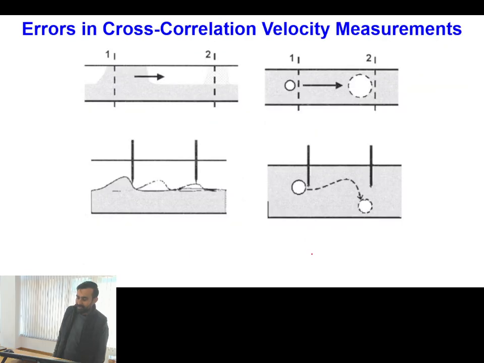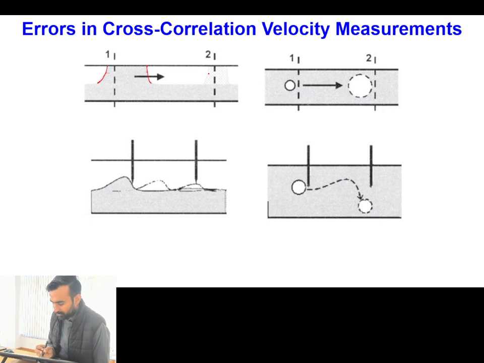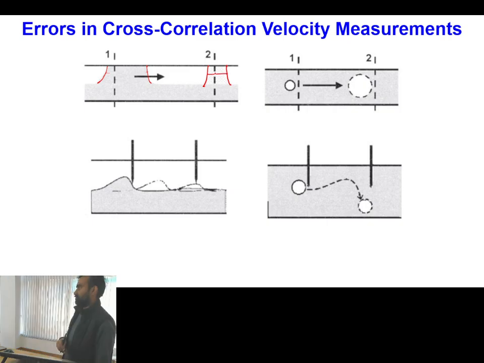What are the errors associated with this type of measurement? First error: say this was some liquid slug and our interest was to measure the velocity of this liquid slug. Once this liquid slug has moved from location 1 to location 2, because of the surrounding velocity and pressure fields, this slug has contracted and it has become only this much.